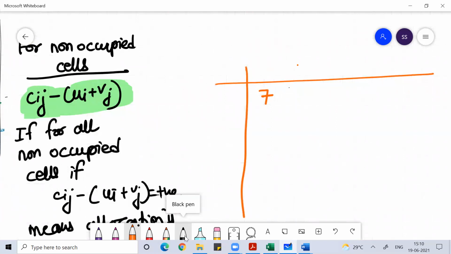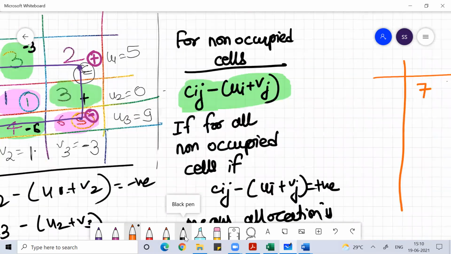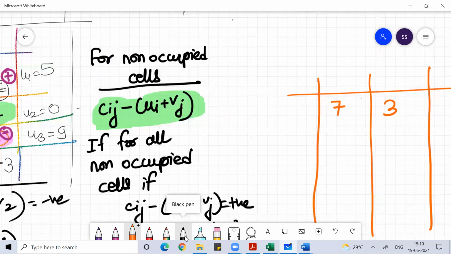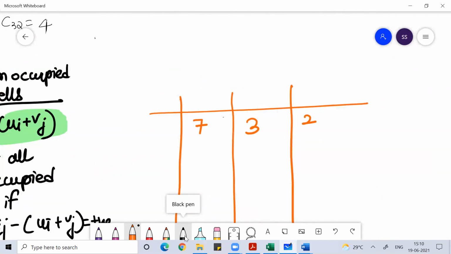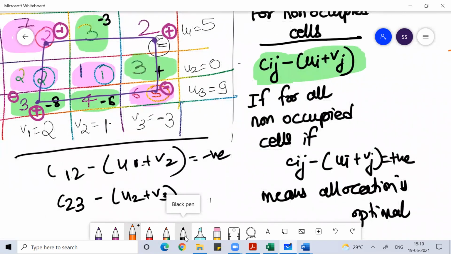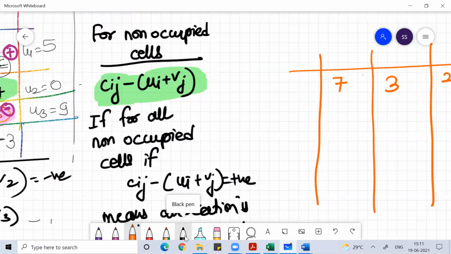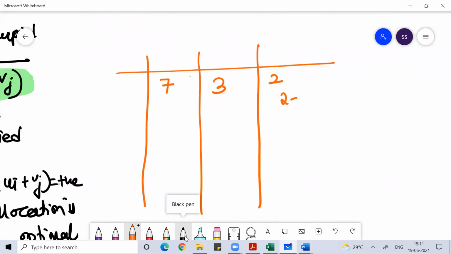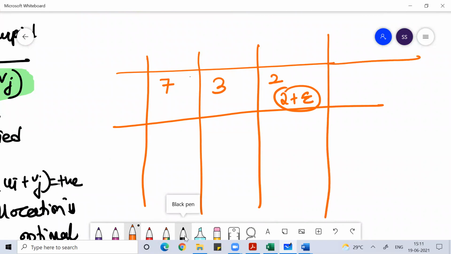So 7, then this is 3, then this is 2, and the value it got was 2 plus epsilon.